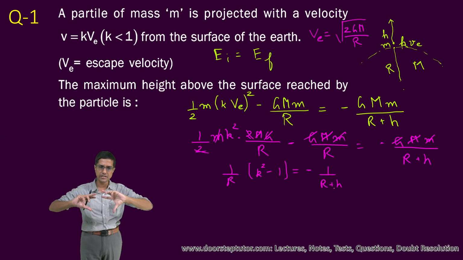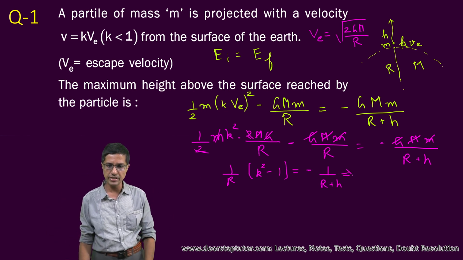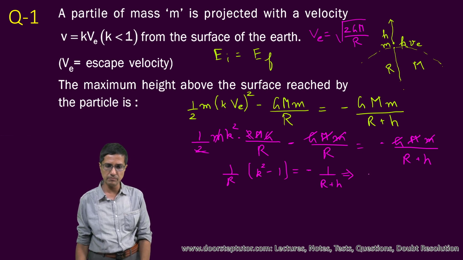Now we'll just take the inverse of both terms and change this to a positive sign. So this actually will become r into 1 minus k squared will be equal to r plus h.